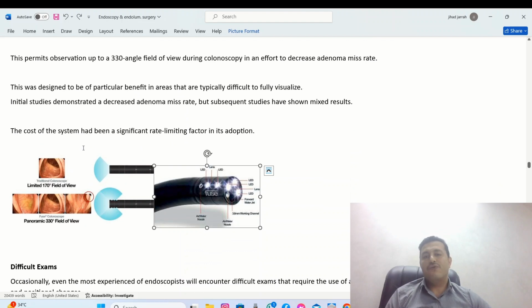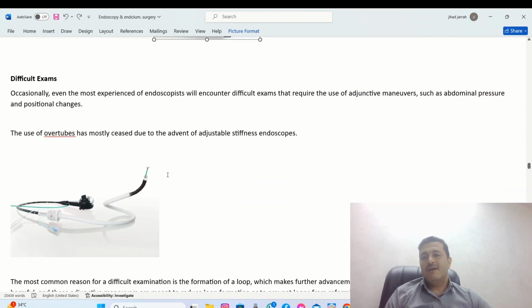And also one of its disadvantages is that it's costly, so it is limited a little bit.